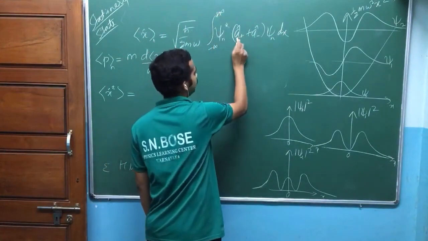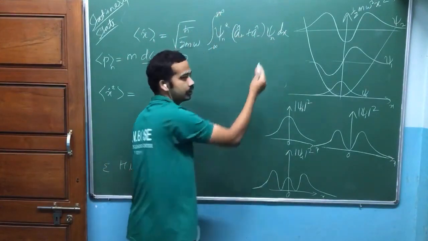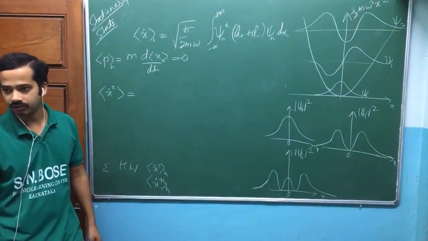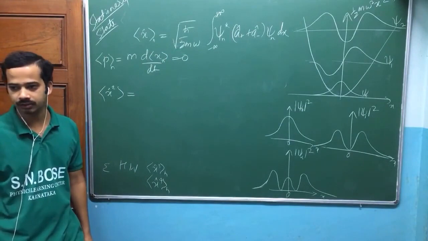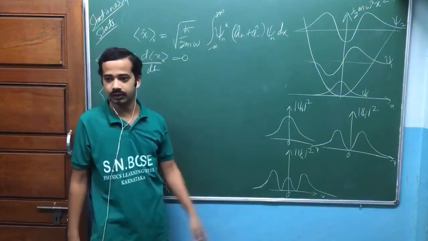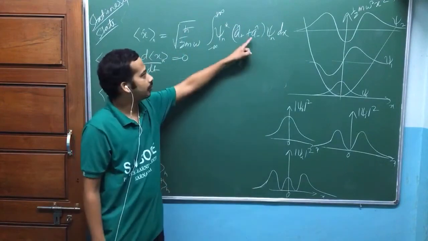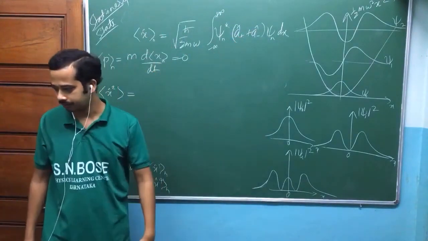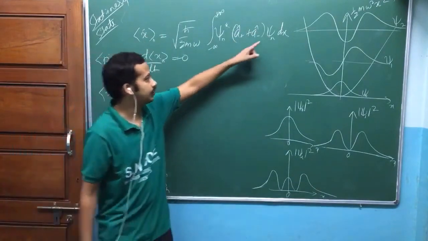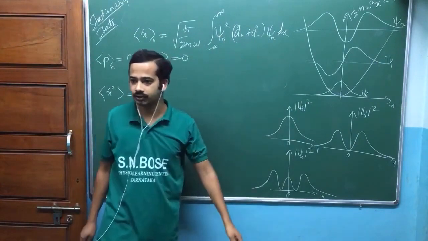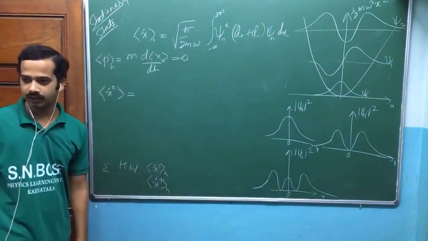Now if you operate a plus on this one, it will take it one step higher, root n plus 1 into psi n plus 1. That psi n plus 1 state is orthogonal to this one, so the integral vanishes. If you operate a minus on psi n, it will take it one step downward, and that state is orthogonal to this state. Take the integral, that is 0 again. That's why it is 0.